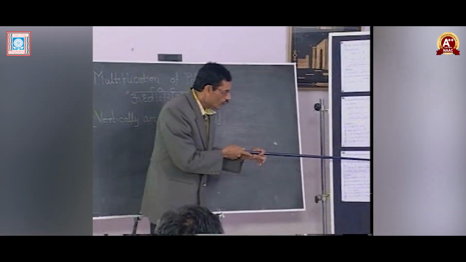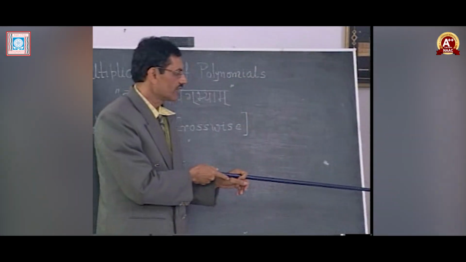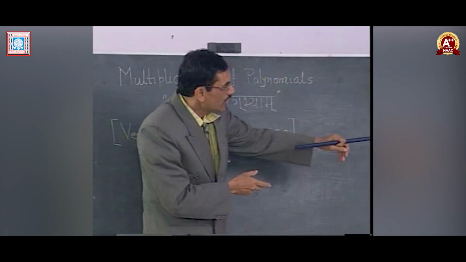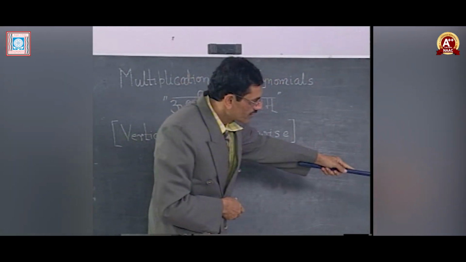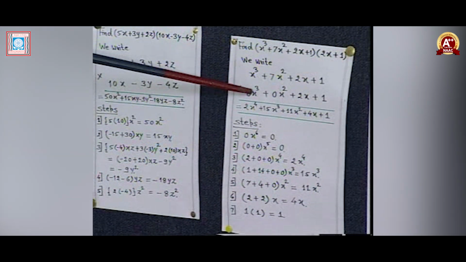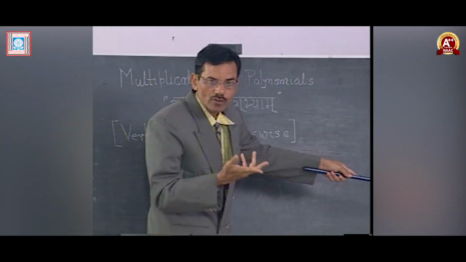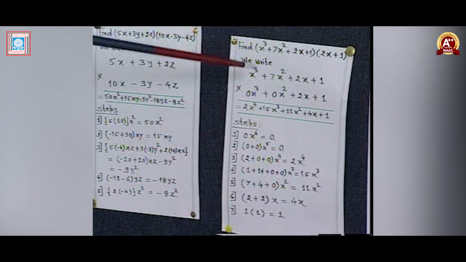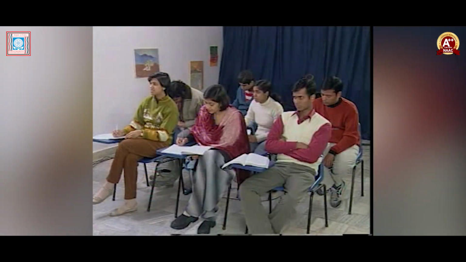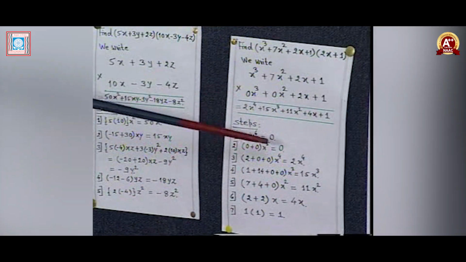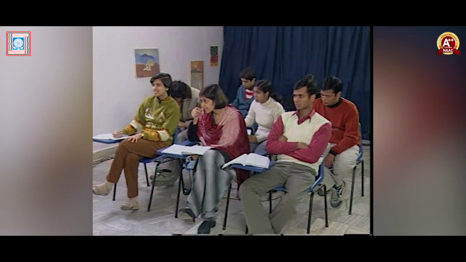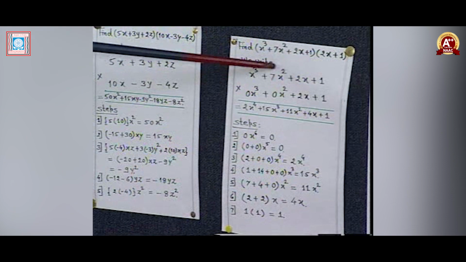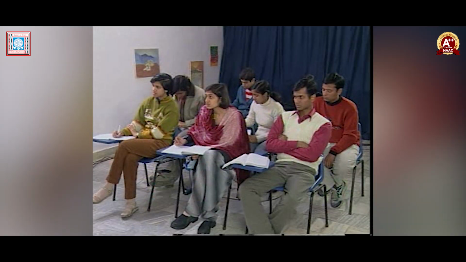So the missing term is to be inserted with coefficient 0. And now the 4 into 4 multiplication will be carried out similar to the earlier example. Let us start. 0 into 0, 0, so 0x to the power 6, no problem. 0 into 0 plus 7 into 0, no problem, 0 again. Then the third cross, 1 into 2 plus 7 into 0 plus 2 into 0.